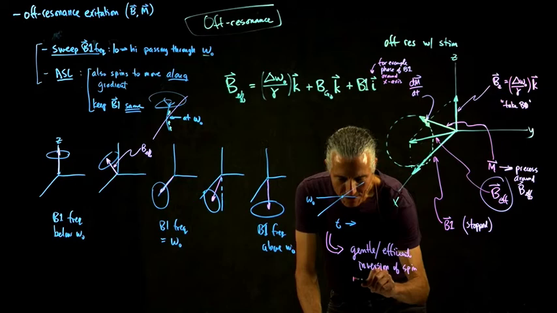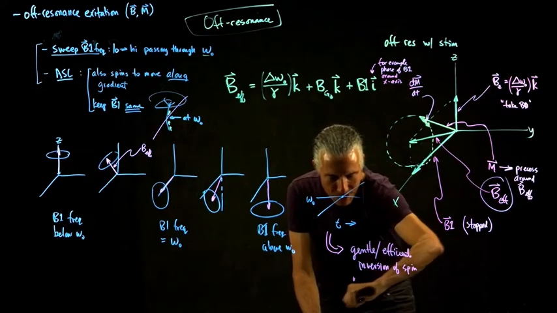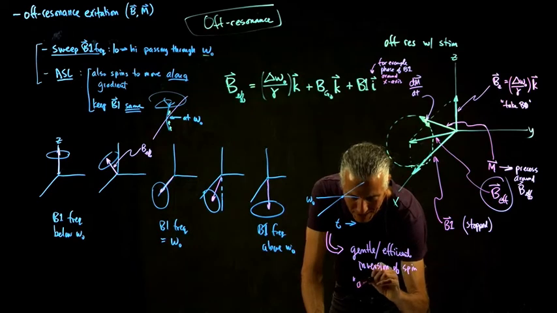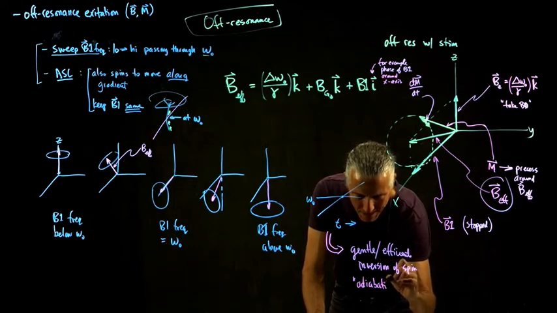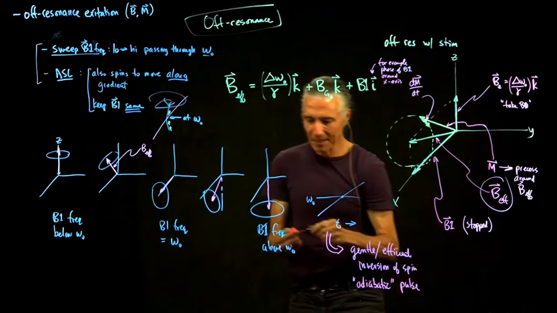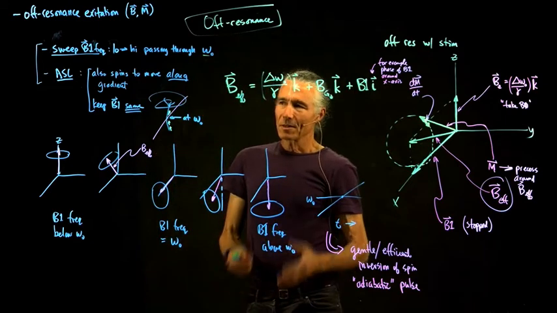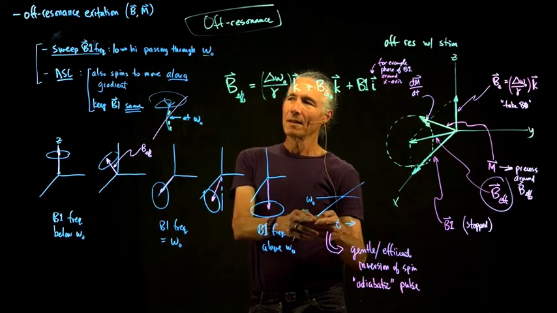And this is called an adiabatic pulse. That's referring to the gentle aspect of it, not wasting any energy. Adiabatic pulse. And it's particularly easy. You just ramp the frequency.